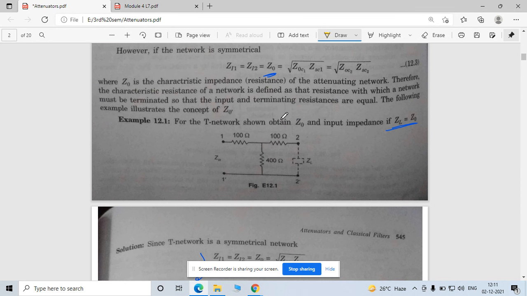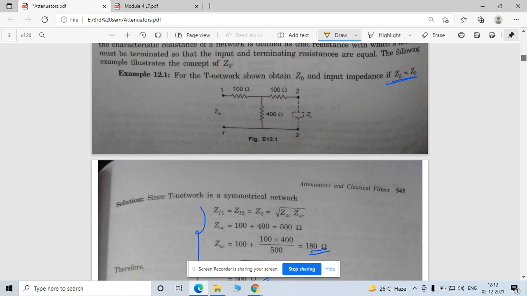You have to find this Zi1 by finding ZOC and ZSC for the respective terminal. For the pi type of network, the rest of the process is the same.